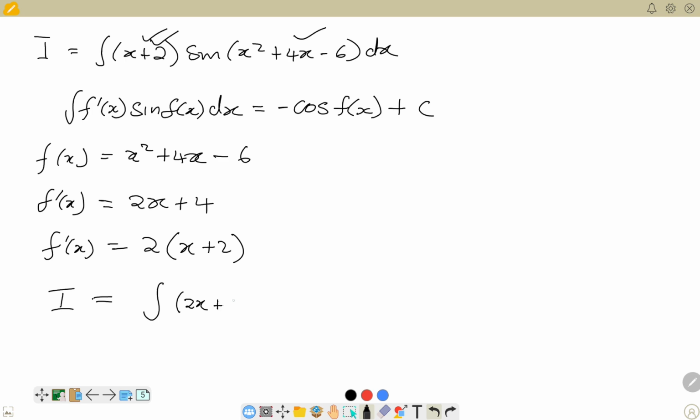If I multiply 2 by 2, I'll get 4. So the integral of sin(x squared plus 4x minus 6) dx. Because I have multiplied it by 2, I have to divide here by 2, that is, multiply by 1 over 2.